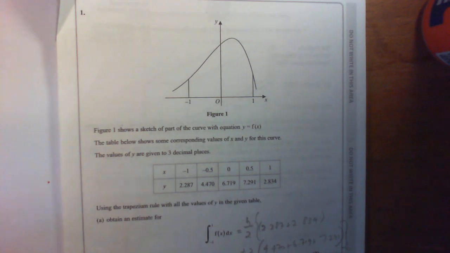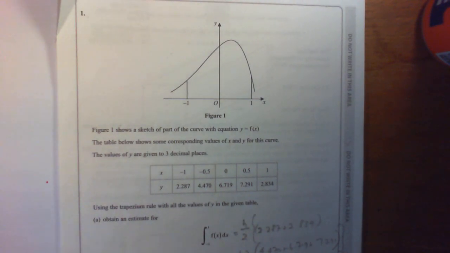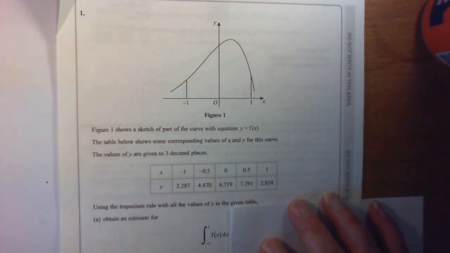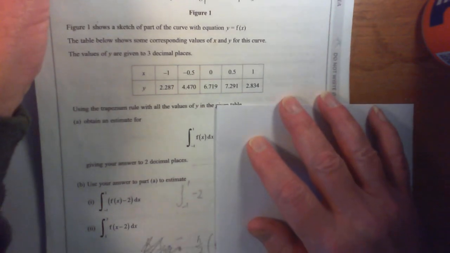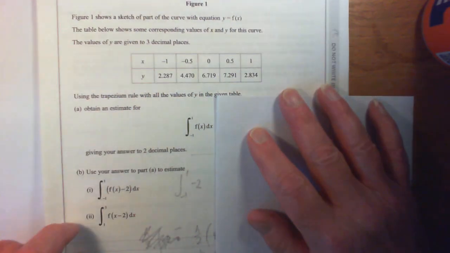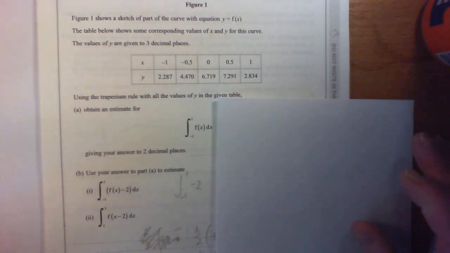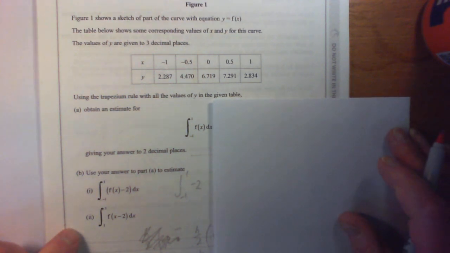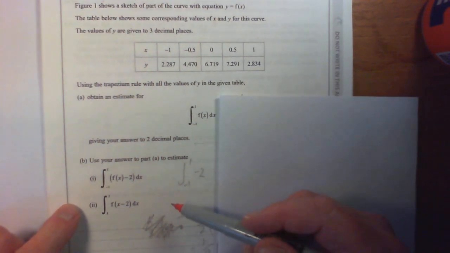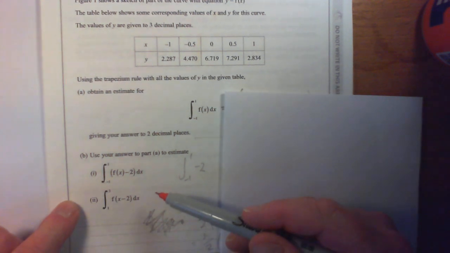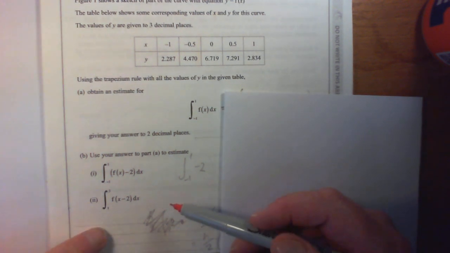People make mistakes on things like bracketing and so on, but apart from that, normally it's fairly well done. There's a couple of extra bits on the end here where, having worked out the area using the trapezium rule, you need to ask two separate questions down here. Hopefully you can read that.